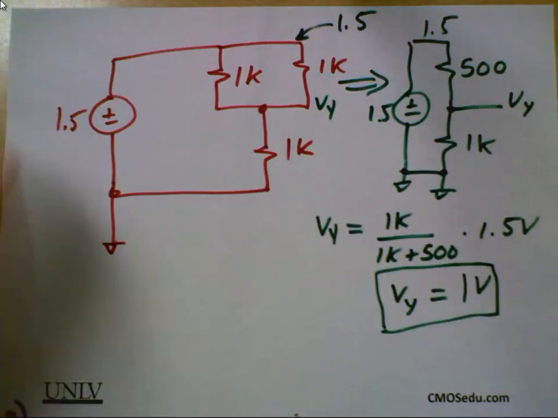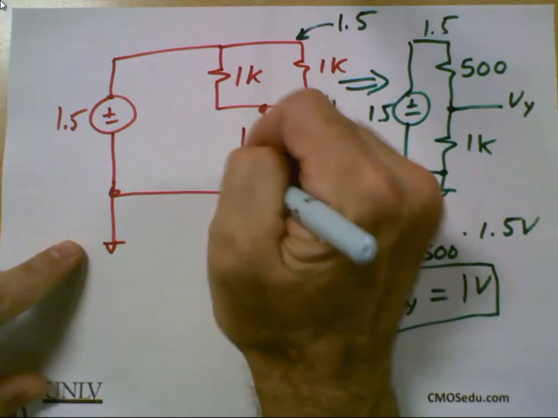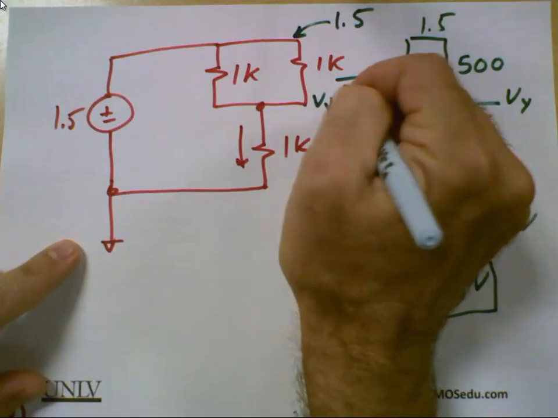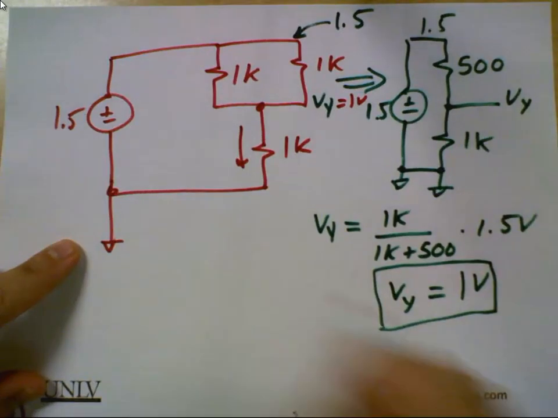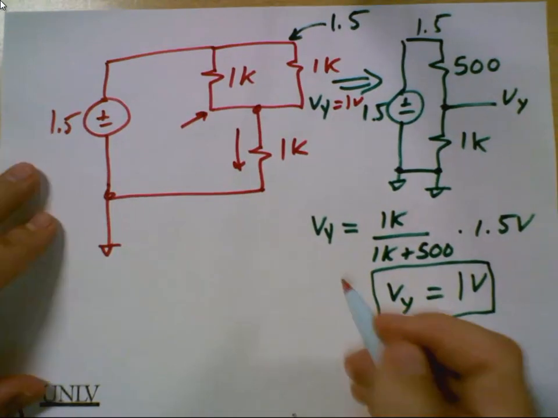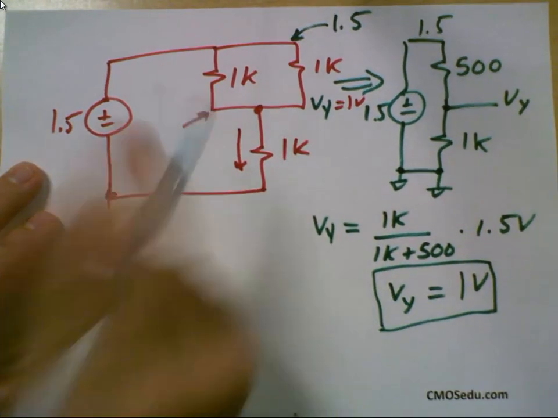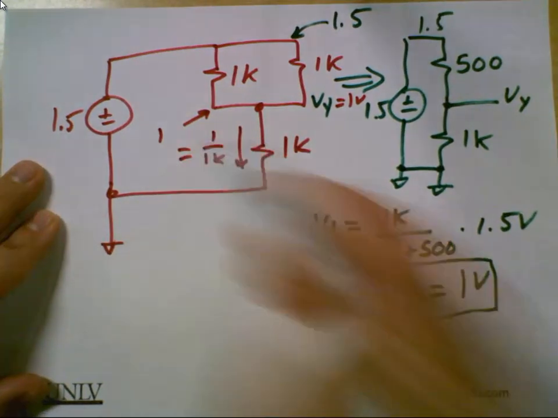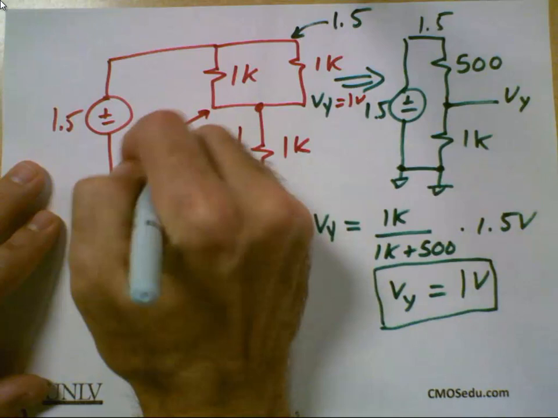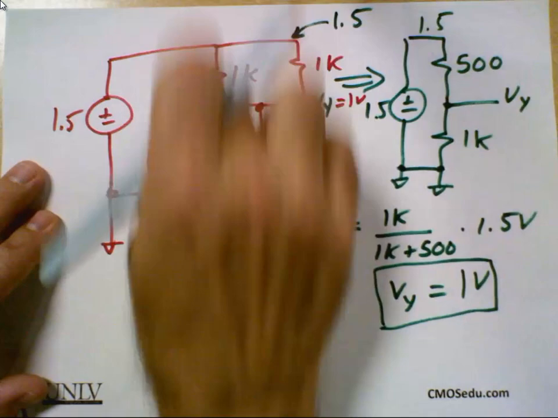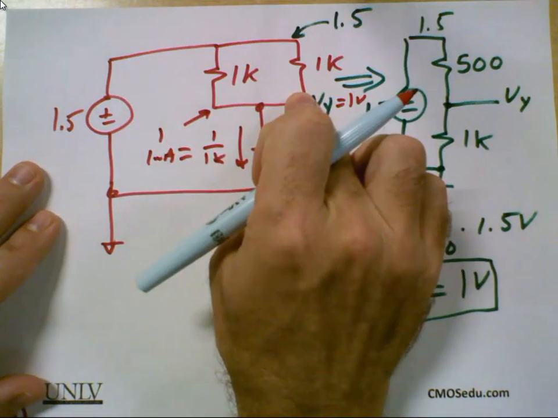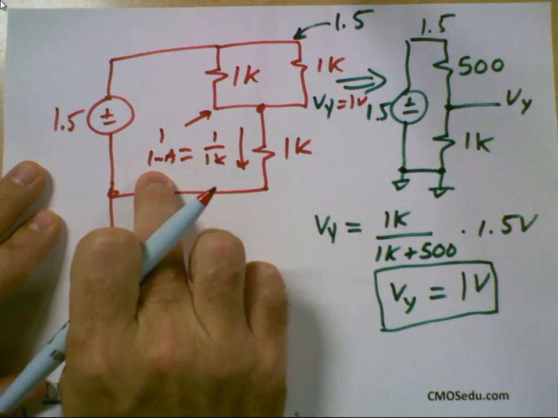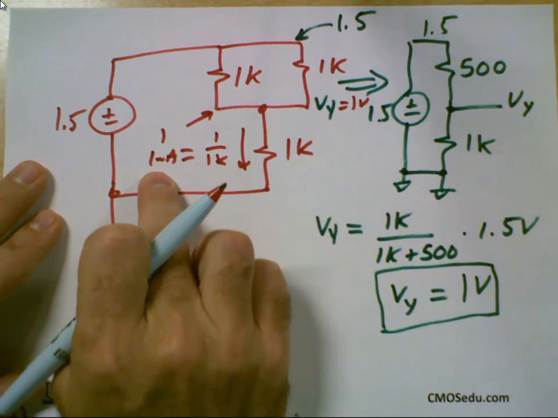Okay, so what's the current through here then, if this Vy is 1 volt? What's the potential there? Yeah, V1 over R. But what's the potential here? 1. So I get 1 over 1K, which is 1 milliamp. The current through here and the current through here has to sum to 1 milliamp.